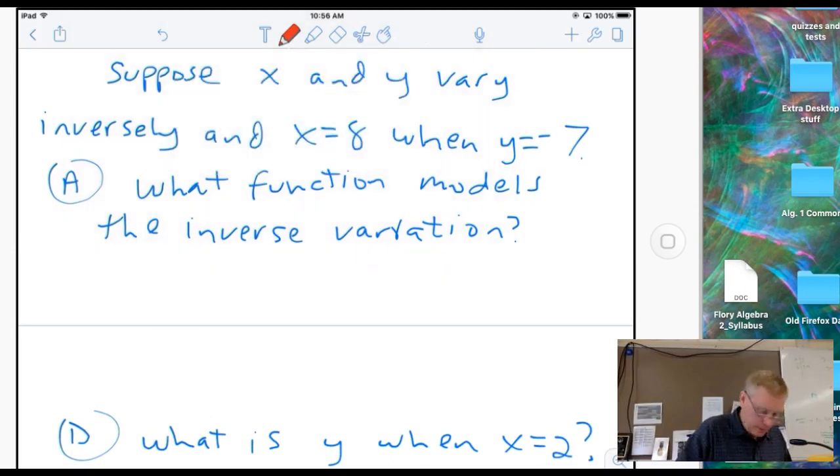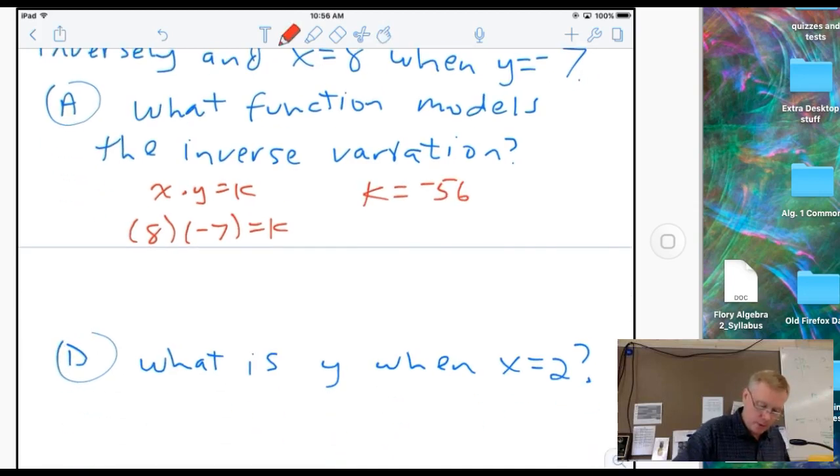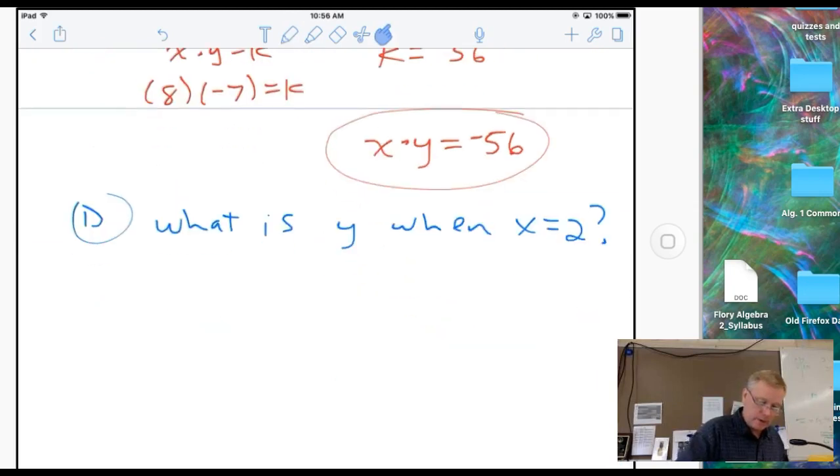Okay, so first, x times y equals k. x is 8, y is -7, k equals -56. So my equation is x times y equals -56. Take that to the second part.